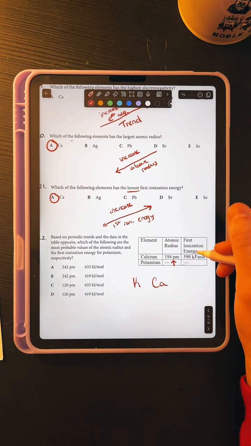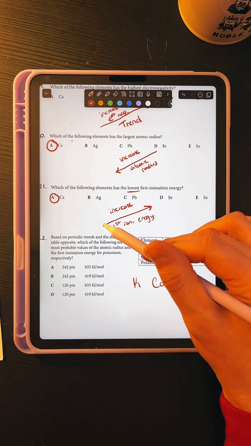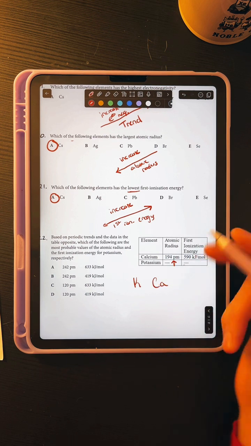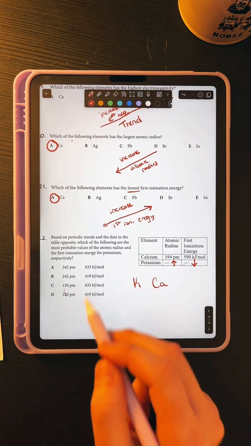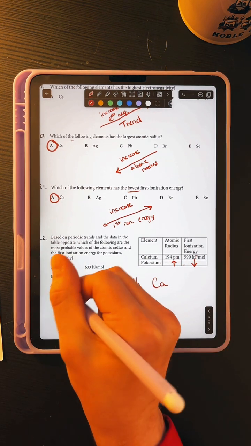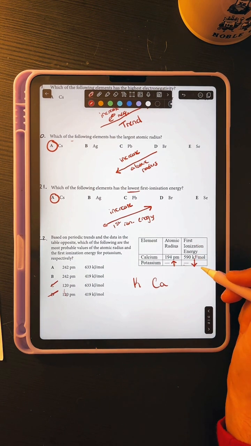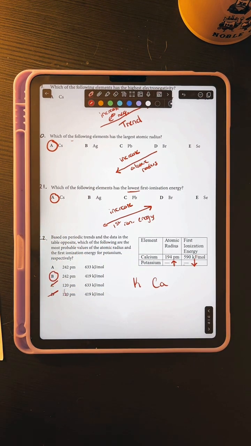And for our first ionization energy, we said that we're increasing as we go from left to right. So because potassium comes before calcium, it's going to have a smaller first ionization energy. And so the correct answer here, looking at the values given as our answers, we want a larger atomic radius, so C and D are out. And then we want a first ionization energy to be smaller than 590, which is choice B.